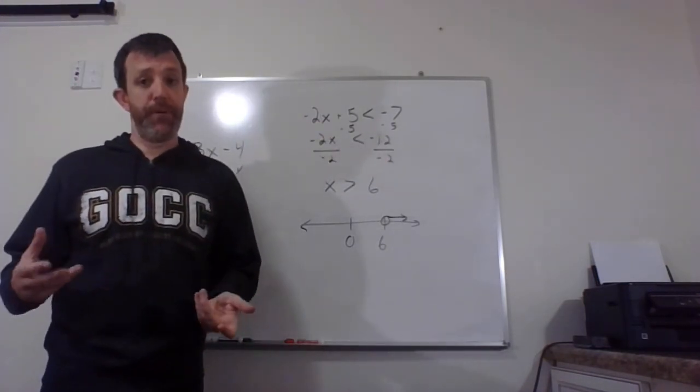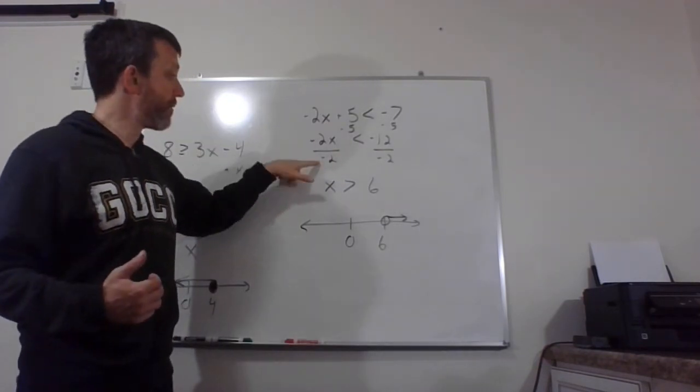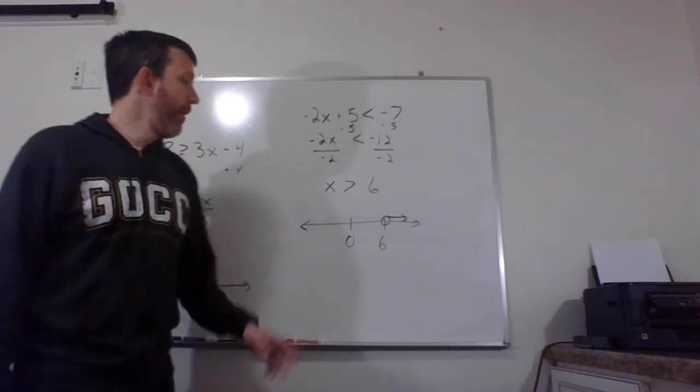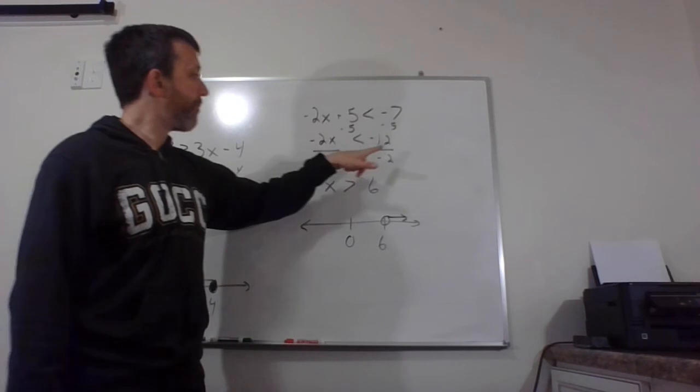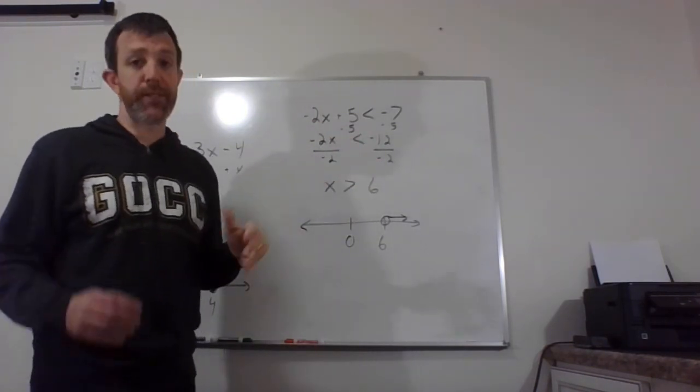Here's that key step. We're dividing both sides by -2. Leaves me with x. And then we have -12 divided by -2 and gives me +6.